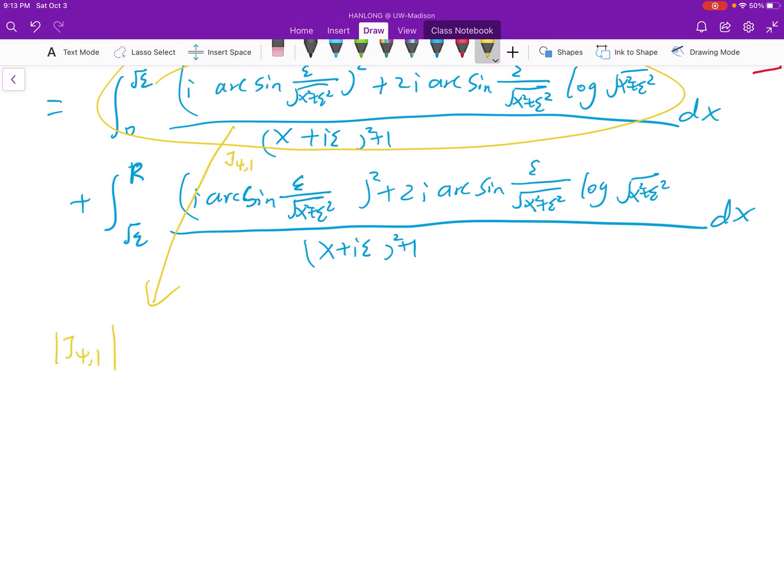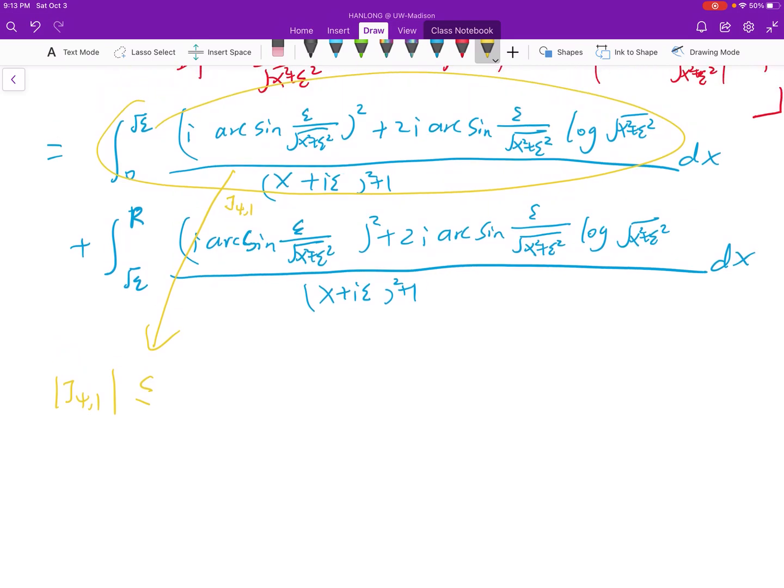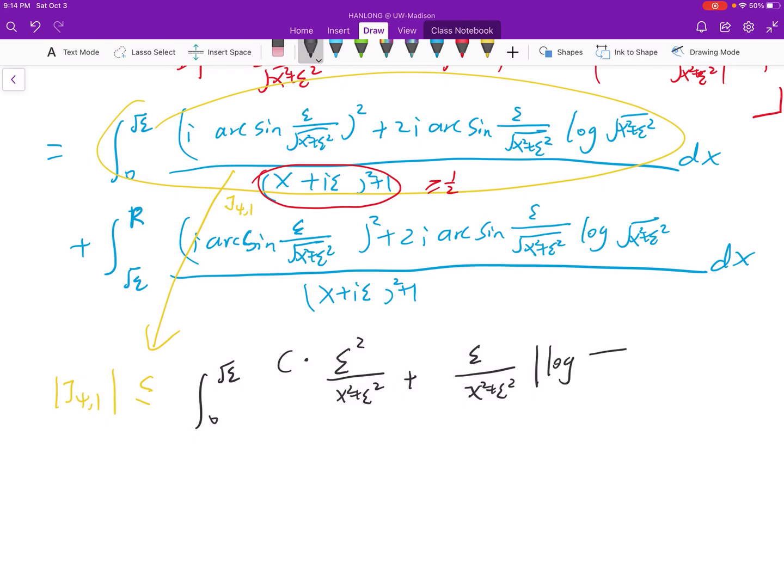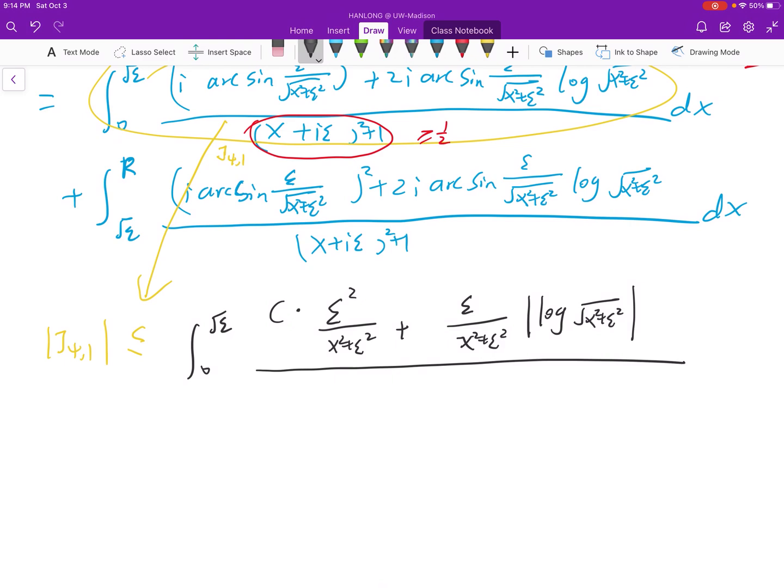So the magnitude of J41 will be less than or equal to, now for the denominator, this will be bounded by 1/2 in its magnitude, and for the numerator, you see it will be bounded by the integration from 0 to square root epsilon of some constant times epsilon squared divided by x squared plus epsilon squared, plus epsilon over x squared plus epsilon squared times log square root x squared plus epsilon squared, divided by 1/2.